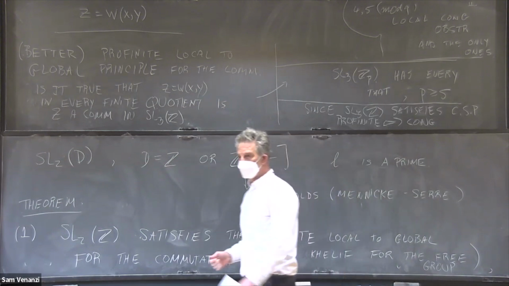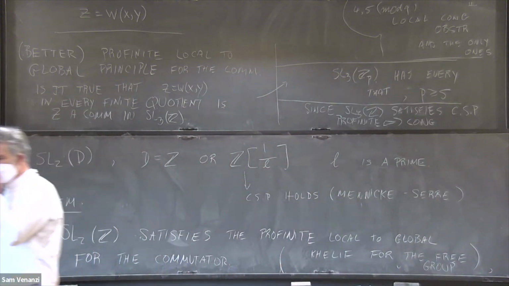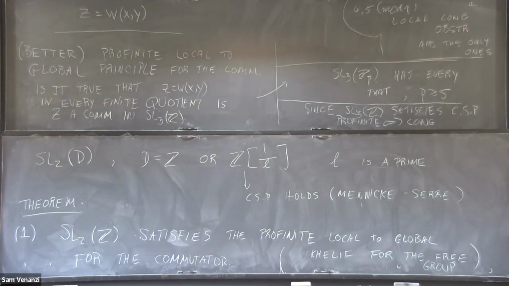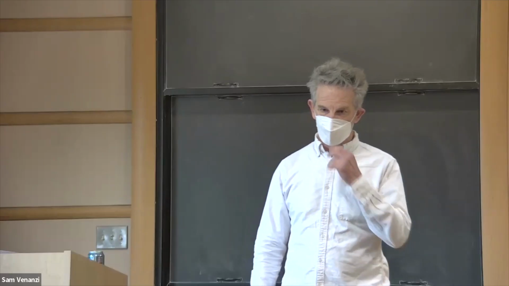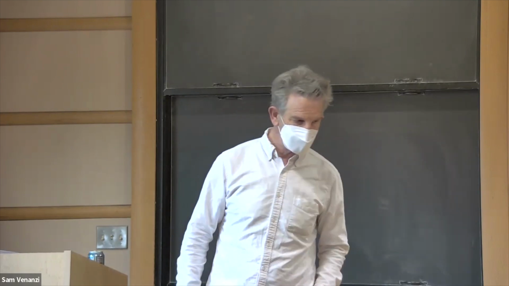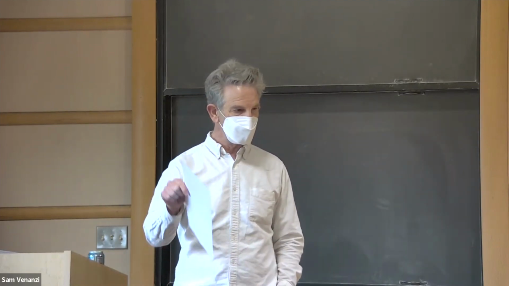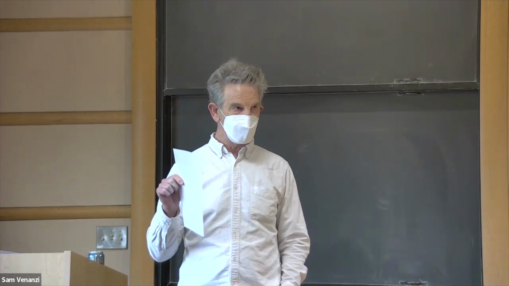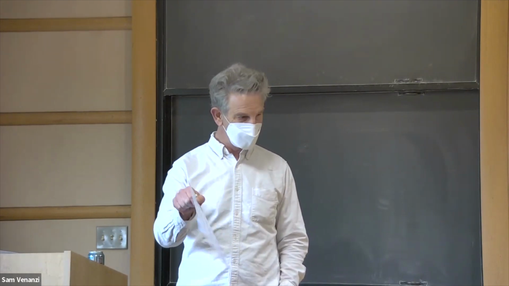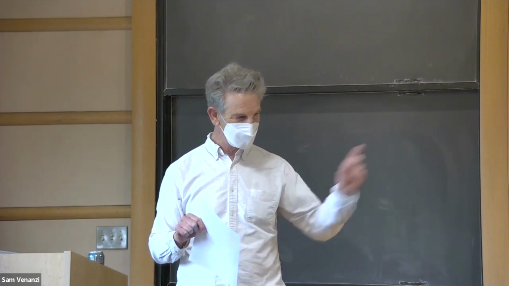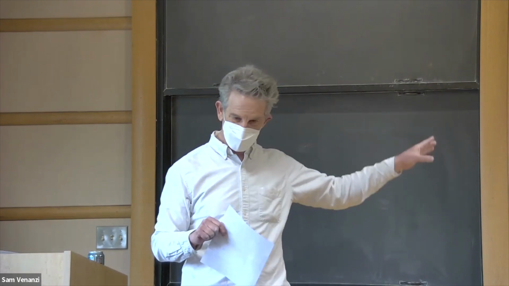Stress that there are other words for which it's known that even the free group does not have local to global. Yeah, so it's not commutator special. They're powers. So I think for powers, Alex Lubotzky proved the local to global for the free group, the same statement.